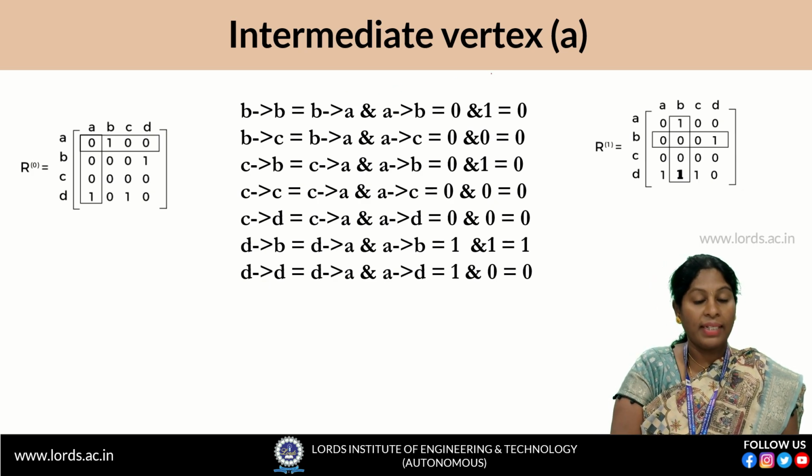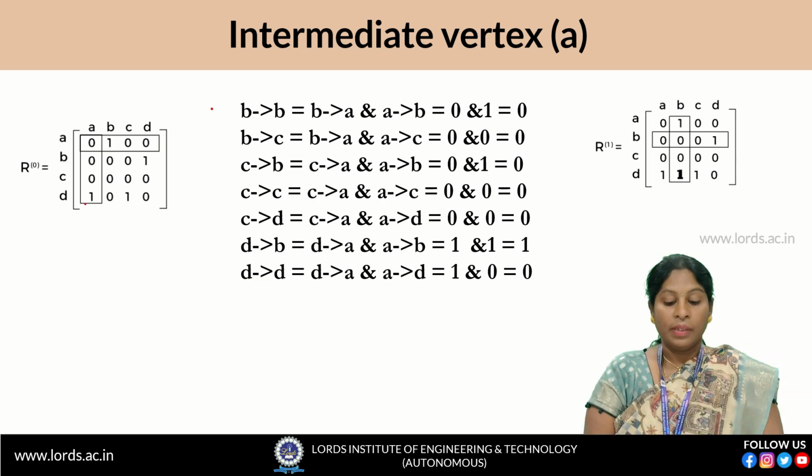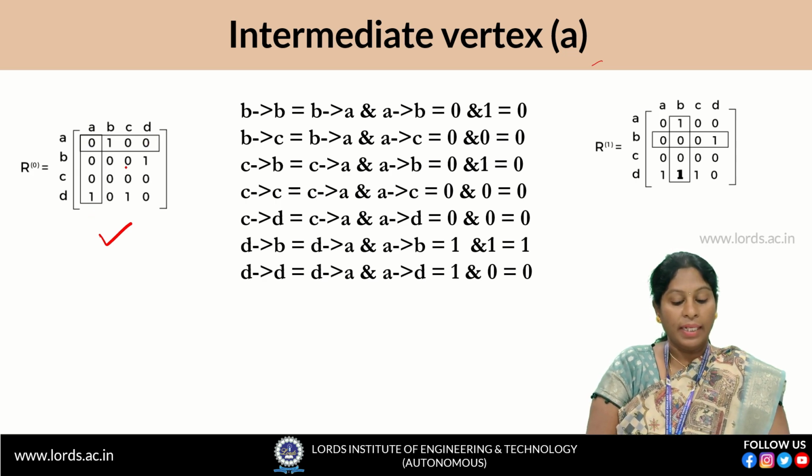Here R0 is our original graph adjacency matrix. We are considering intermediate vertex A from the previous graph R0. We should not disturb the A row and A column. The remaining entries will have zeros.